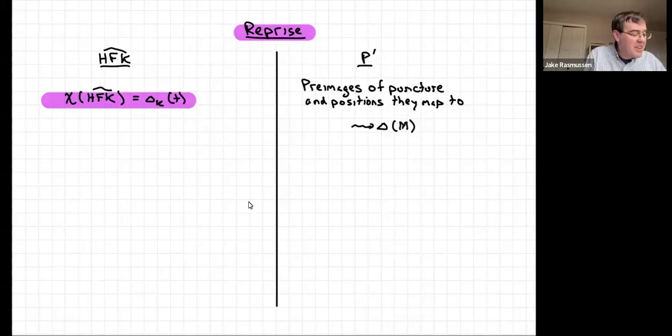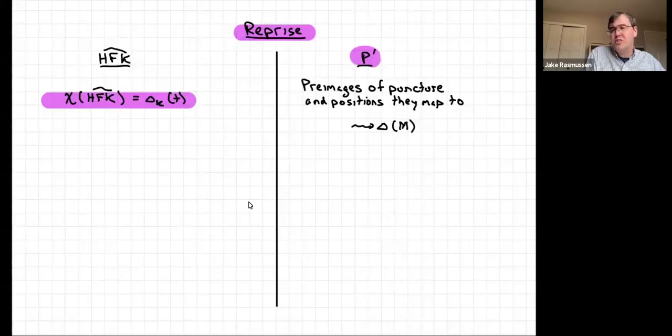And so what that should be saying in this case is that the Euler characteristic ought by general yoga to be related to the multivariable Alexander polynomial. Okay, and actually here in this push-pull picture, there's a very precise relationship with the multivariable Alexander polynomial. Namely, I have that puncture, and I look at the pre-images of the puncture.